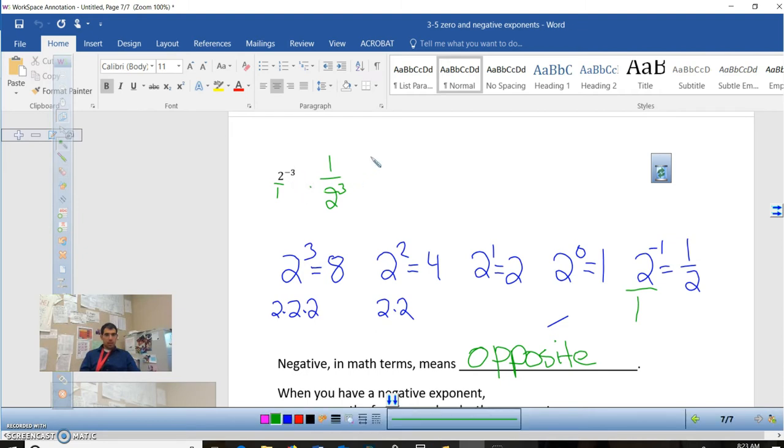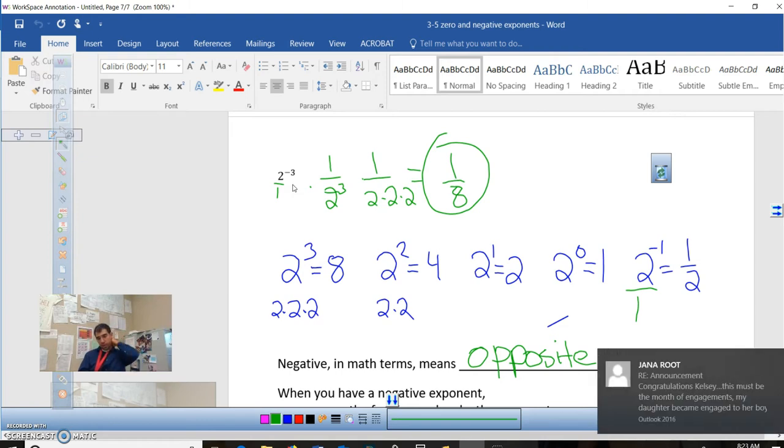So 2 to the negative third is 1 over 2 times 2 times 2, or 1/8. It's very small. When you have a negative exponent, it's a small value. It becomes a fraction.